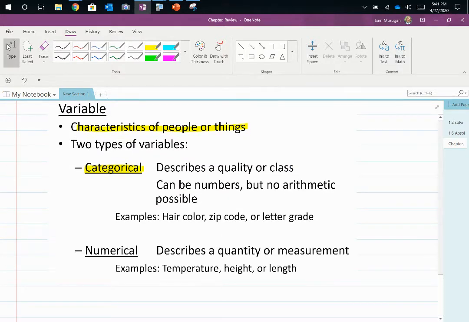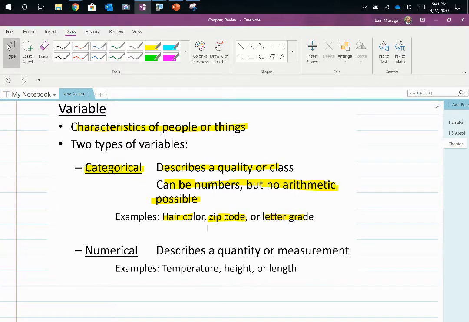Categorical data refers to a quality or class, can be numbers, but no arithmetic possible, such as hair color, zip code, letter grade.